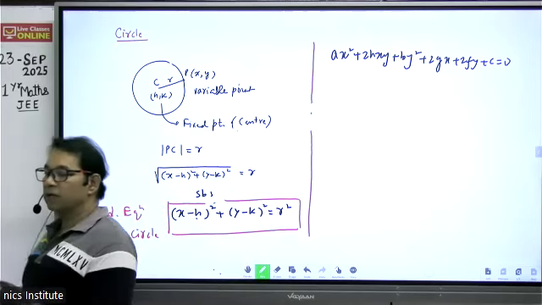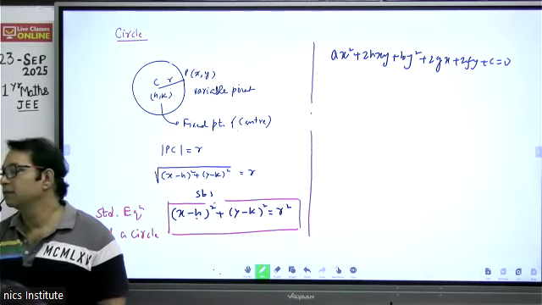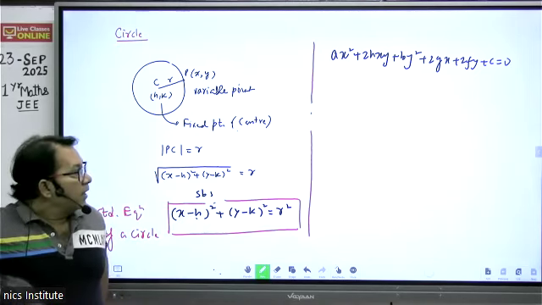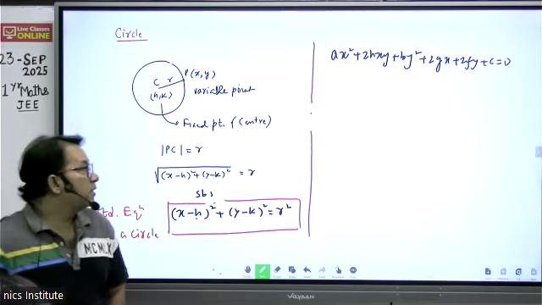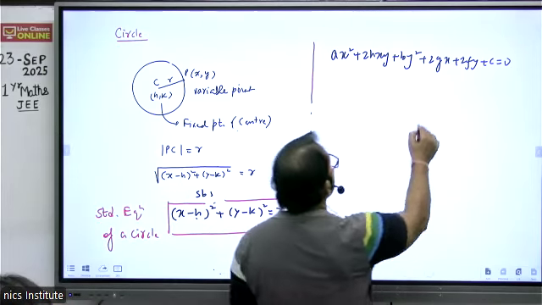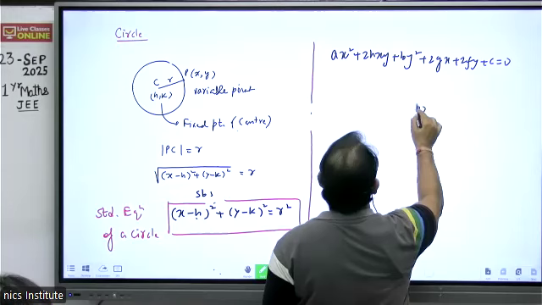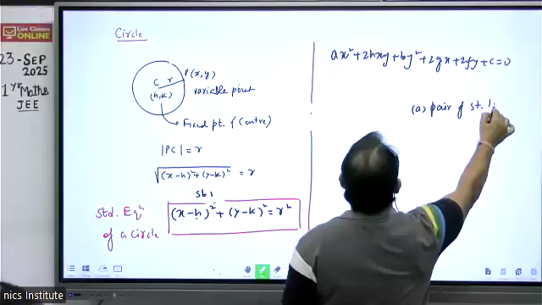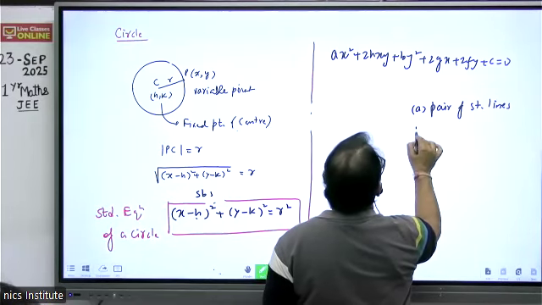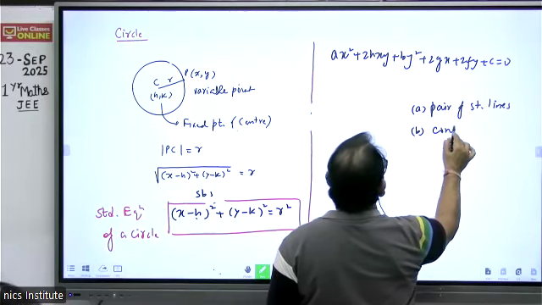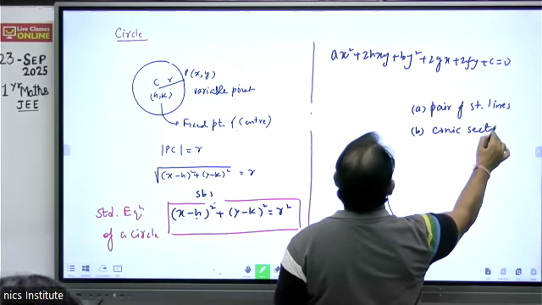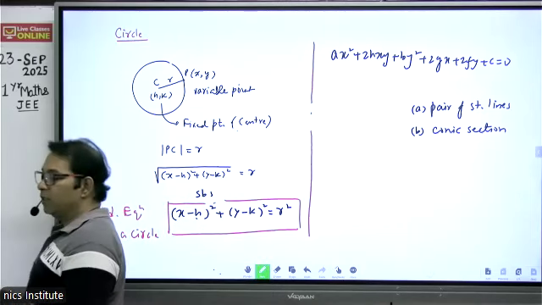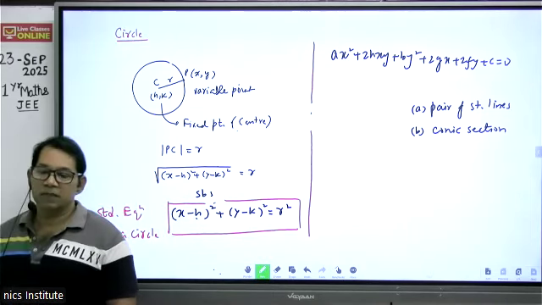This is the equation of second degree, which may represent a pair of straight lines or a conic section. A, B, C, F, G, H are real numbers.